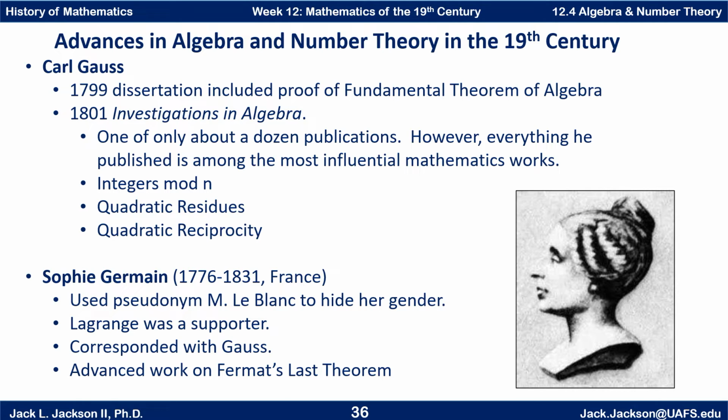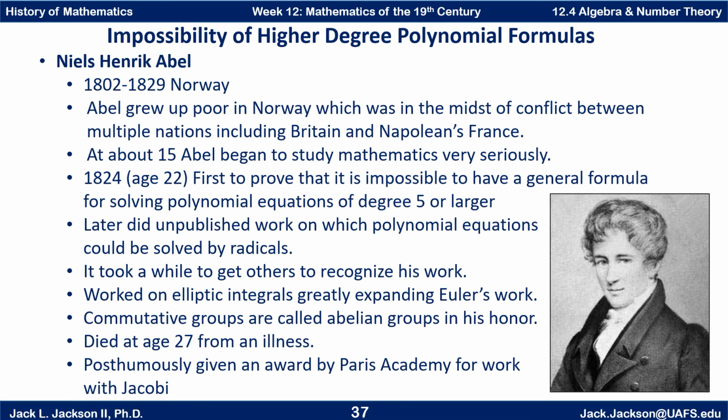She didn't want the same thing to happen to Gauss, so she tried to warn Gauss about this. In the process, she revealed that she was a woman to Gauss. Gauss was even more impressed with her work when he found out she was a woman, and they continued their correspondence. And of course, Gauss was not killed in that invasion.